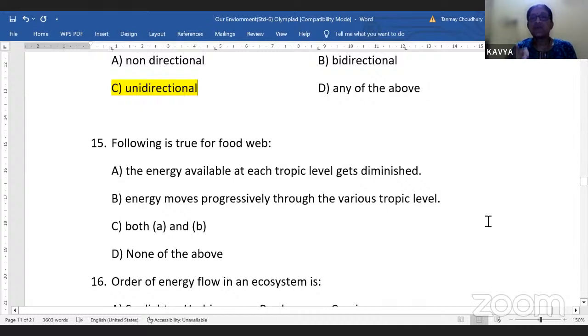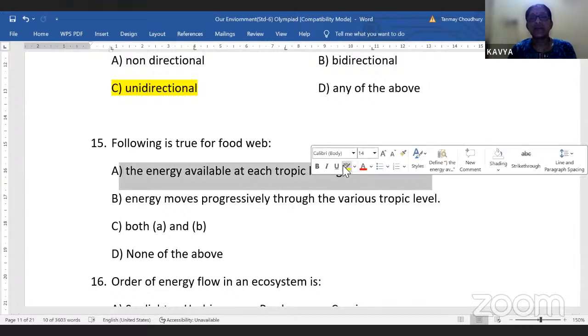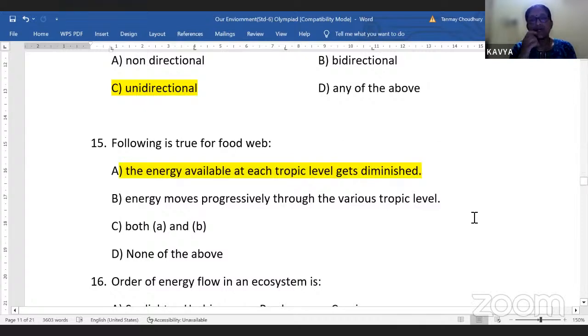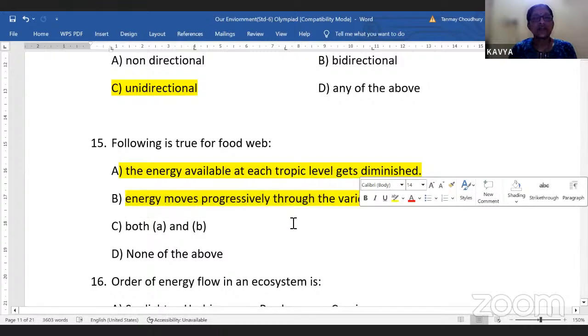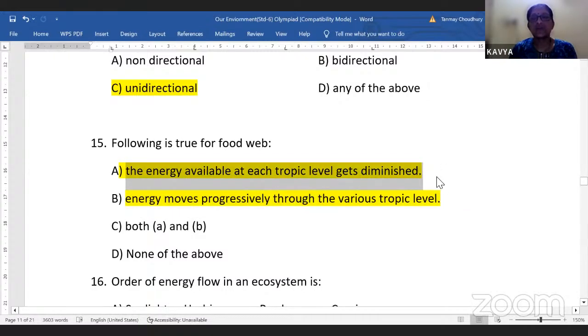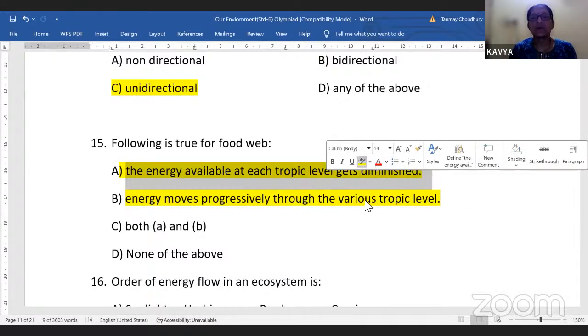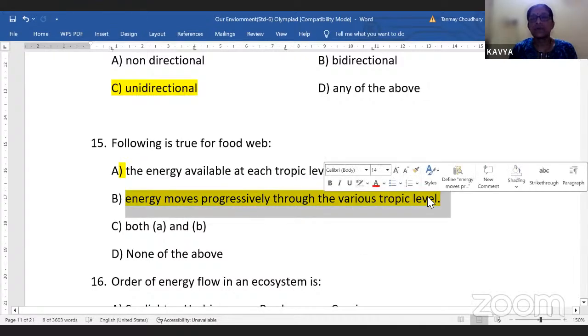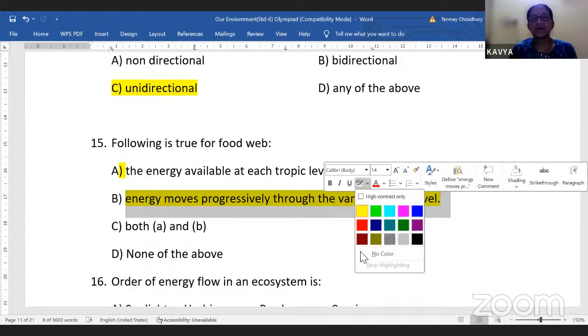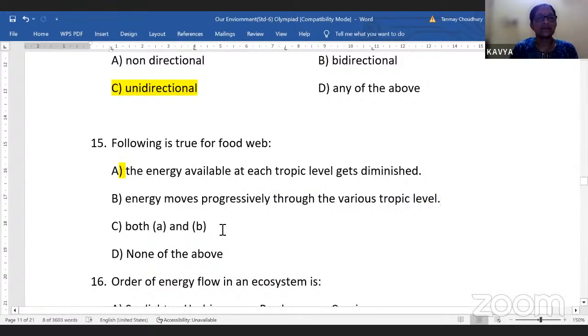I'll continue. So at each trophic level, the energy gets diminished. Diminished means gets reduced, because energy moves from one trophic level to another. And this is also correct. So the answer is both A and B.